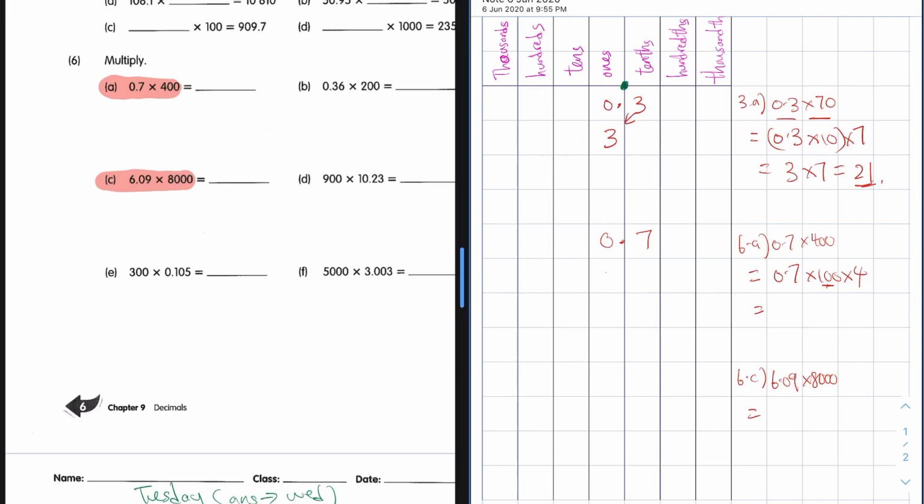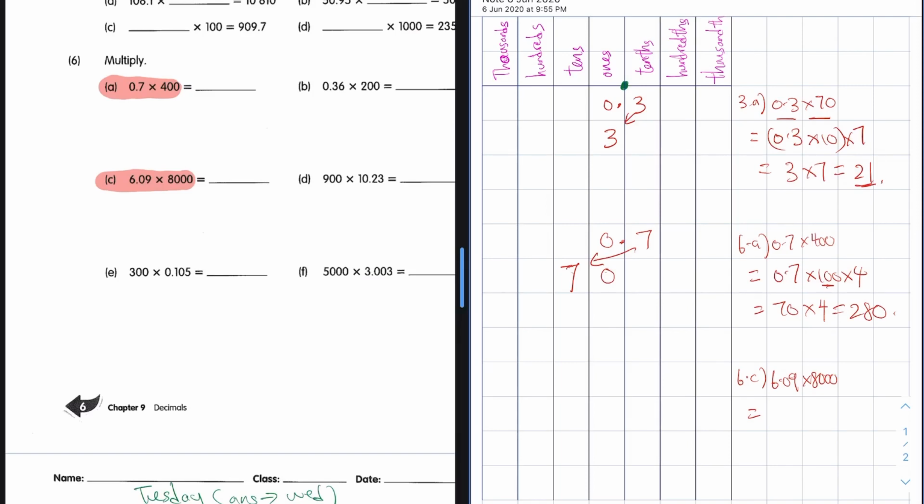So 1, 2, 7 tenths becomes 70. Okay, and then I'm going to fill up the rest of the gaps. There was a 0 here. So this is really 70 times 4, which would be 280.